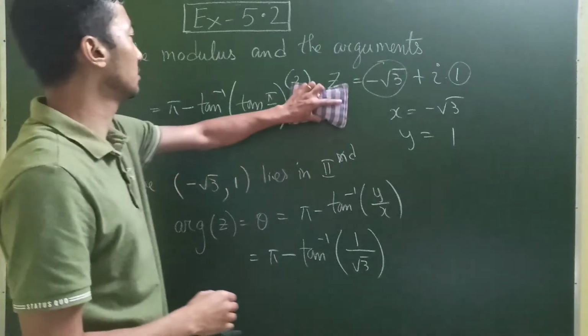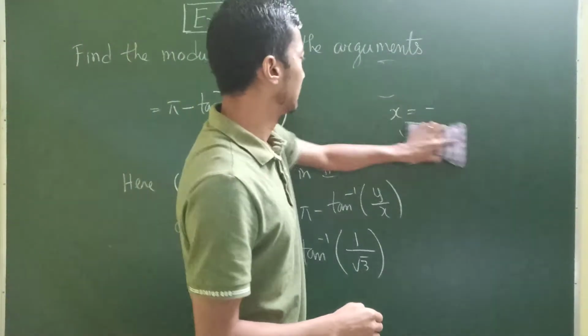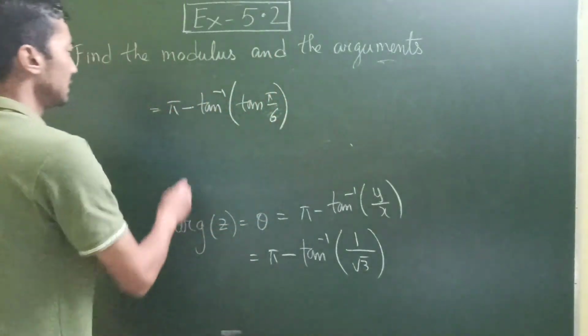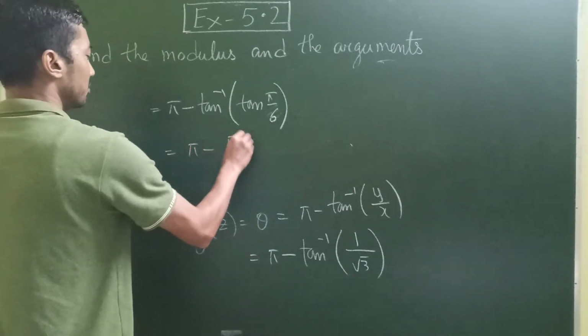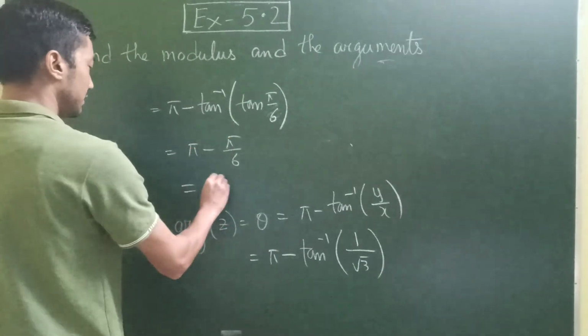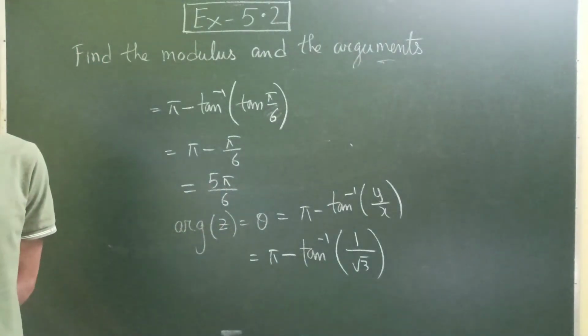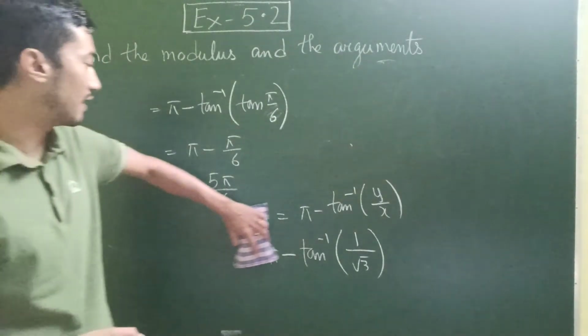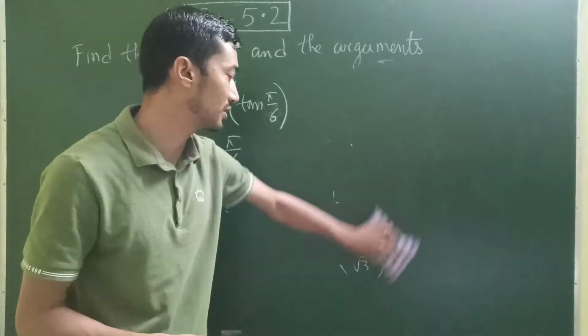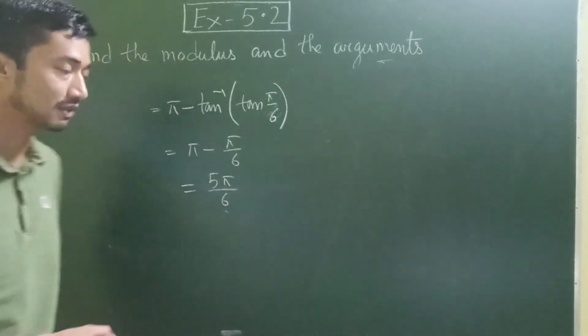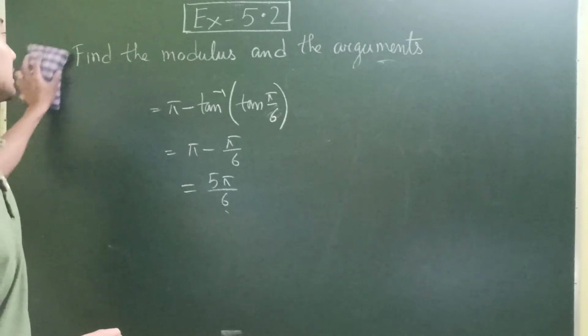Now tan 30 degrees is pi by 6. So that's pi minus pi upon 6. If you just take the LCM and calculate, you will have 5 pi upon 6. So this is the argument of the second question. Modulus was 2, argument is 5 pi upon 6.